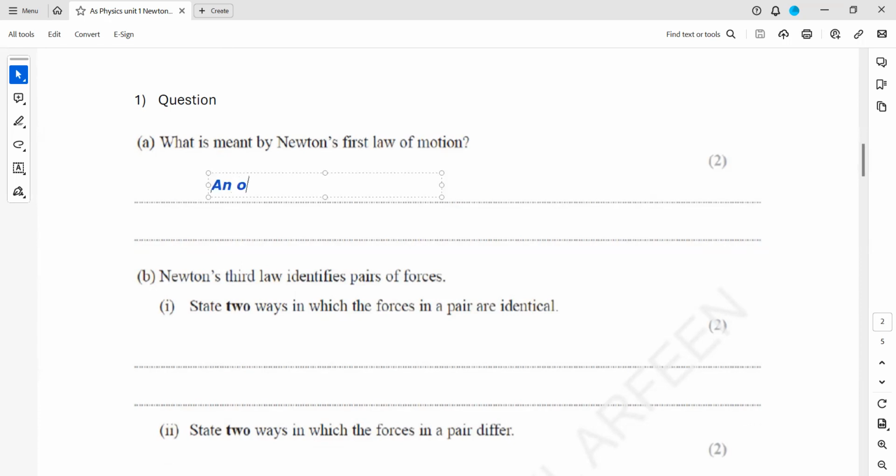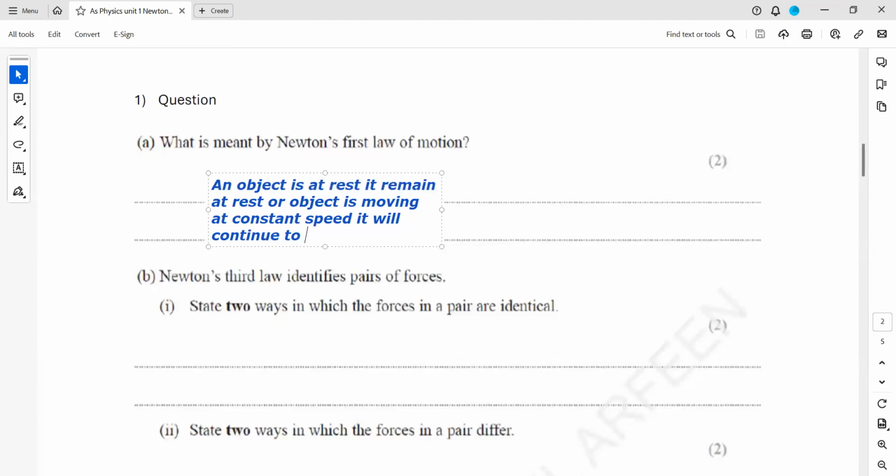An object at rest remains at rest, or an object moving at a constant speed will continue to move, when there's no resultant force.